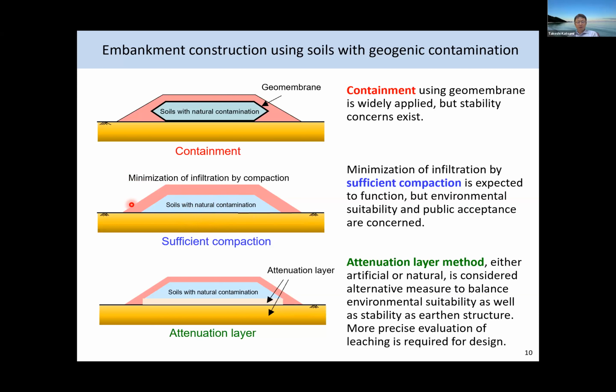So therefore, recently we have been working with the attenuation layer, either artificial or natural, in which we have the natural original ground or an artificial attenuation layer below the soil with natural contamination. And for this, we can conduct sufficient compaction, and also if we have sufficient sorption or attenuation capacity in this attenuation layer or natural layer, we can solve the problems with the natural contaminations.